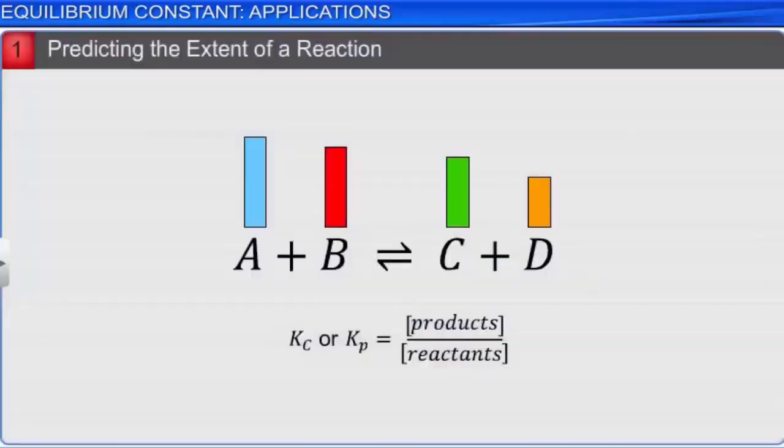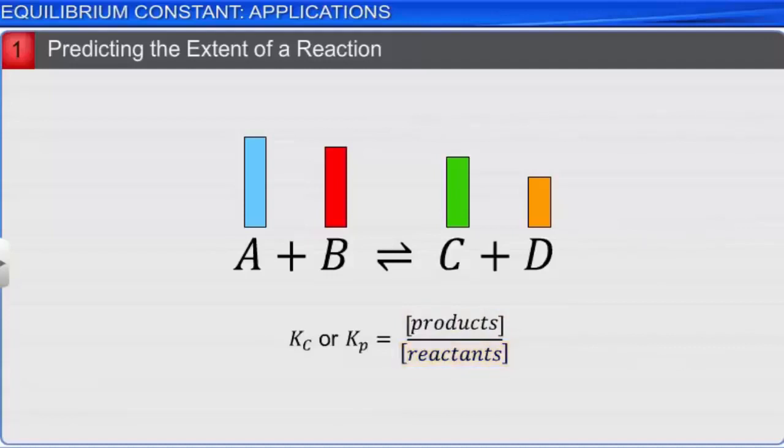The magnitude of equilibrium constant provides a useful indication of the extent of a chemical reaction. You have seen that the equilibrium constant for a reversible reaction is equal to the product of the concentrations of the products raised to their respective stoichiometric coefficients divided by the product of the concentrations of the reactants raised to their respective stoichiometric coefficients.